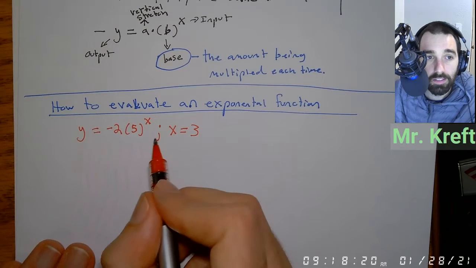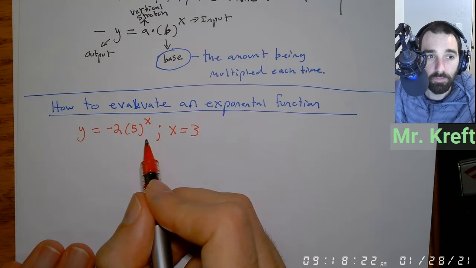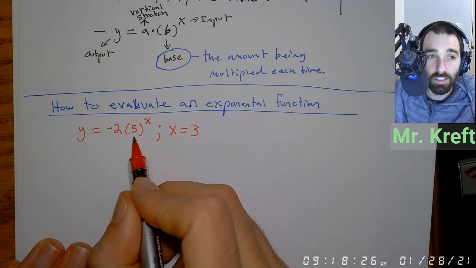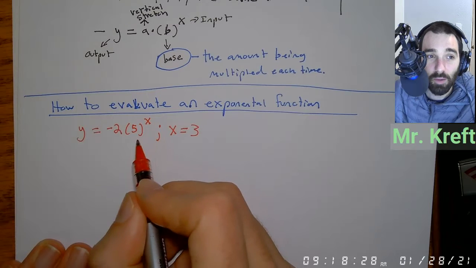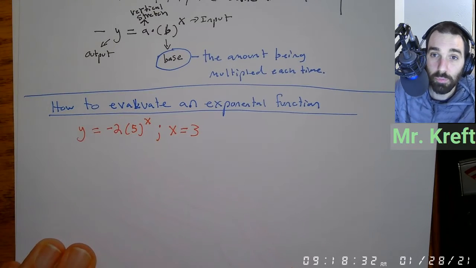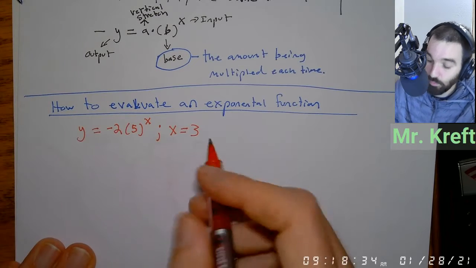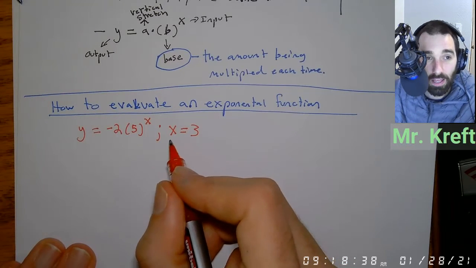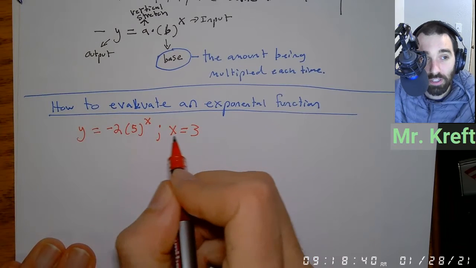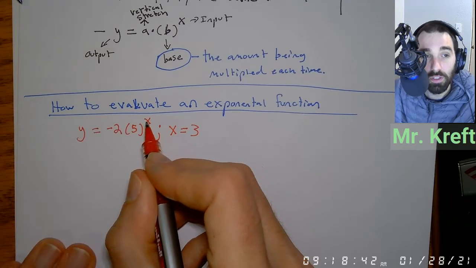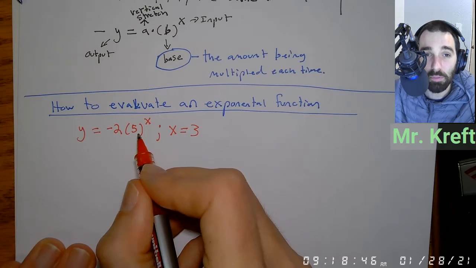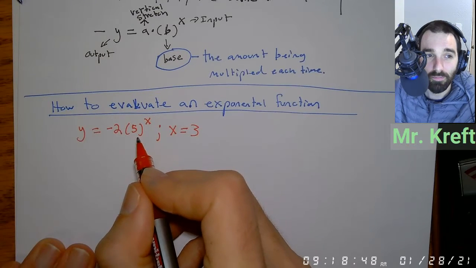On the left, this is our exponential function. Notice our base is 5. Whatever x is, that's how many times I'm going to multiply by 5. On the right, that's what we want to plug in and evaluate. So if x equals 3, I'm going to have -2, and then I'm going to multiply 5 three times.